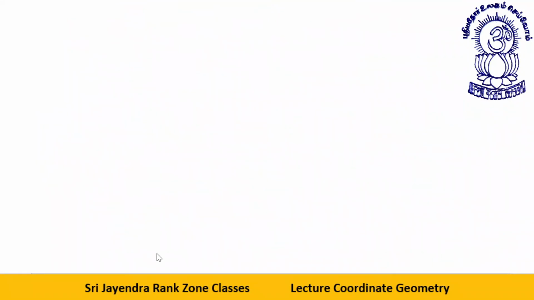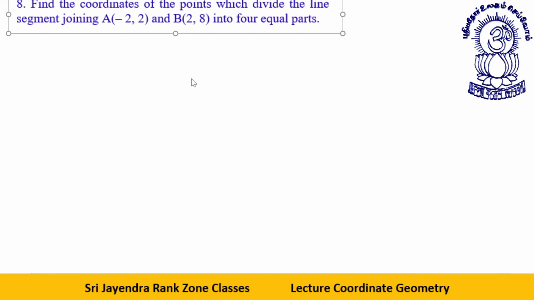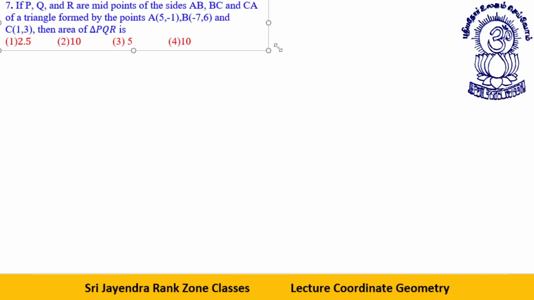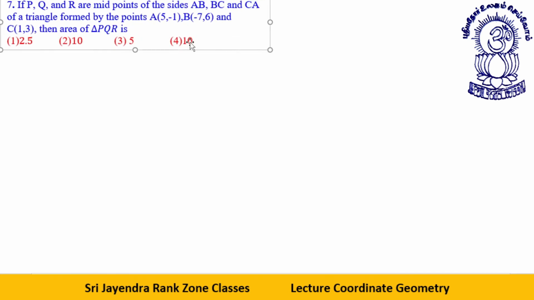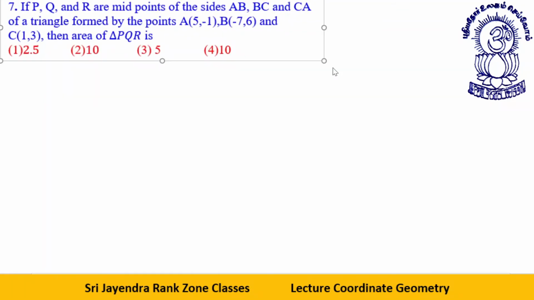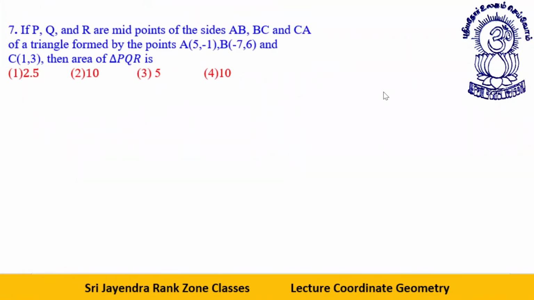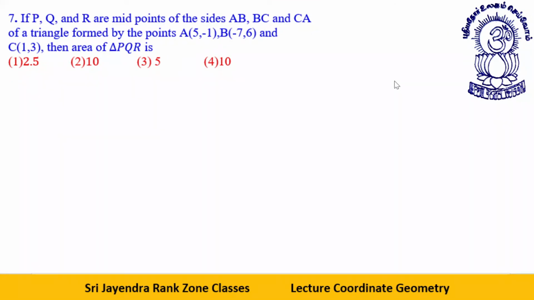Let's take the next one. This is again a good question. If P, Q, R are the midpoints of the sides AB, BC, CA of a triangle formed by the points, then what is the area of PQR, dear students?